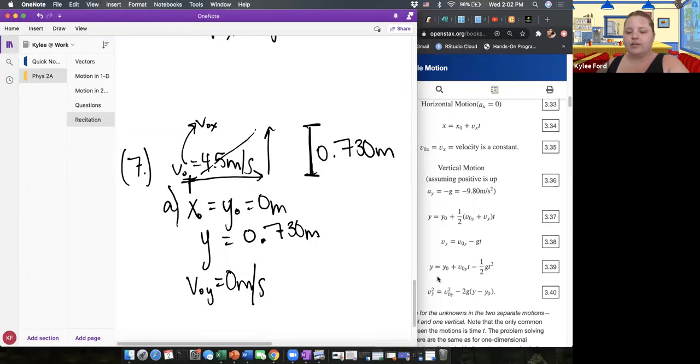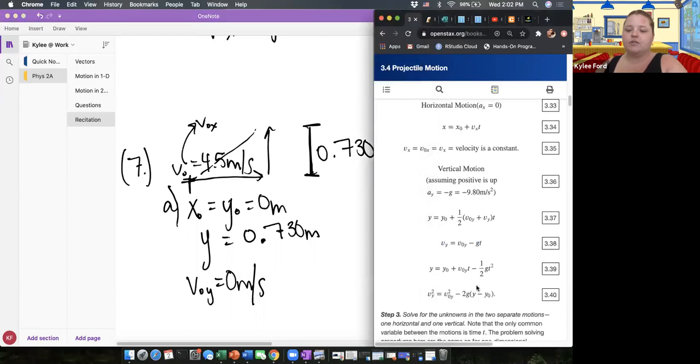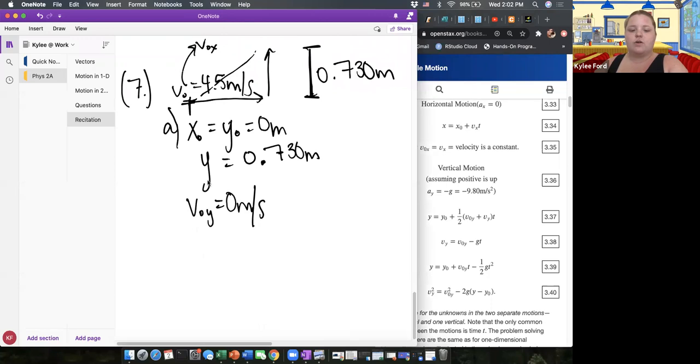So I'm gonna go here and say, well, here's the velocity here. I don't have any time though, so that doesn't help. This actually has a height difference, which is what I'm looking for, right? So let's try to use this equation. So I've got some Vy that I'm solving for, and my V naught y, 2g times y minus y naught.